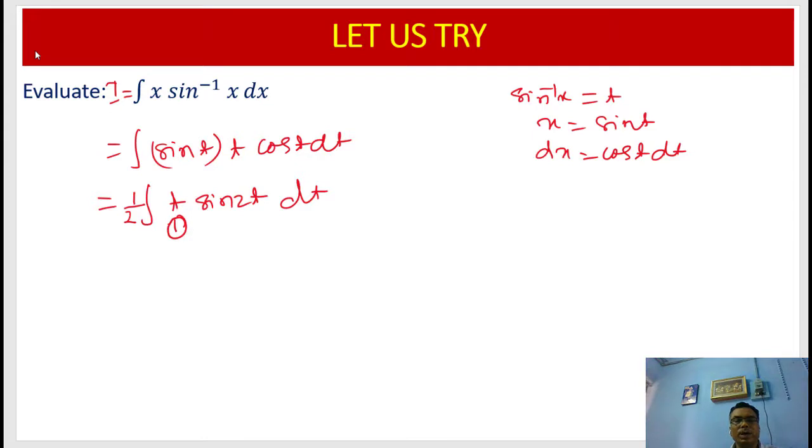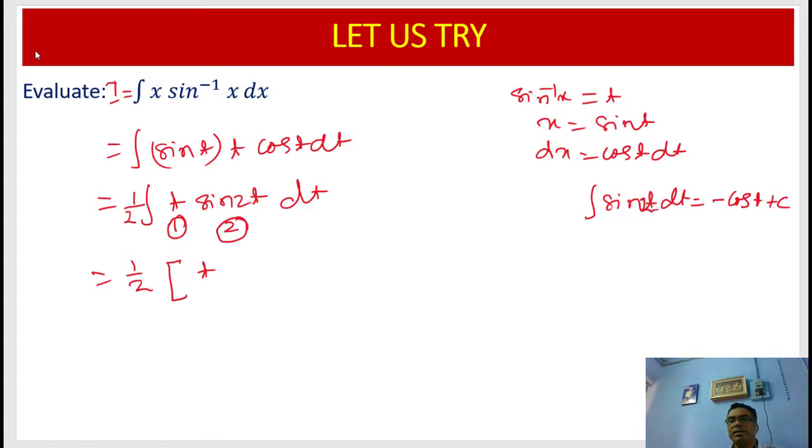This one, t, is your first function and sin 2t is your second function. Continue integration: 1 by 2 bracket, first into integration of second, t into sin t. What is integration of sin t? Minus cos t. So what is integration of sin 2t?